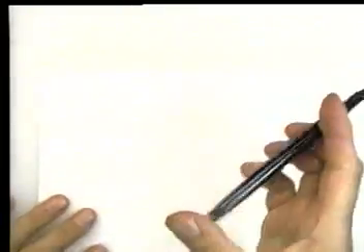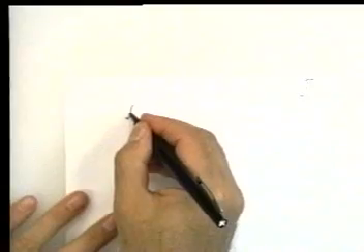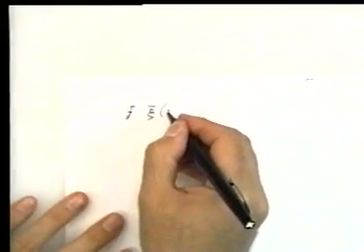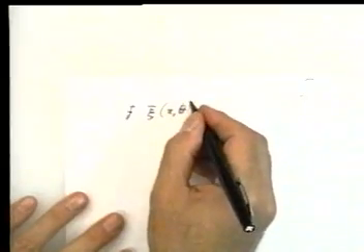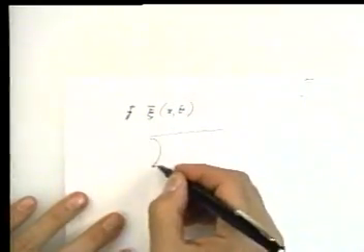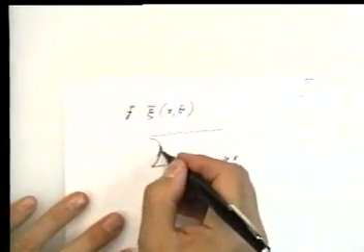Measuring imperfections means that, say, we measure psi bar as a function of x and theta. So that is a shell. This is x, and this is theta.